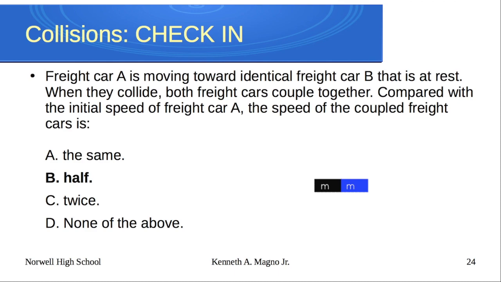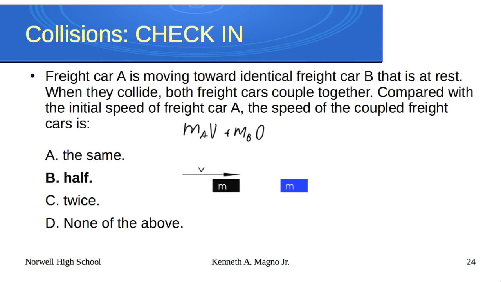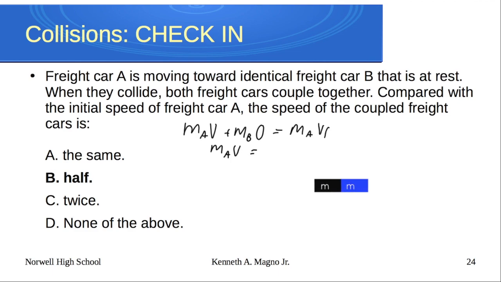And why is that? Well, we'd be starting with MA with a V plus MB with 0. So the total there would be just MAV. Okay, that's going to have to equal my MA, this new V final, plus my MB, which has the same V final. Okay?